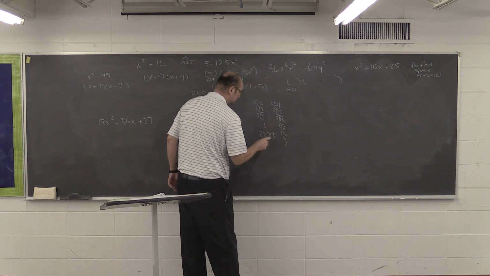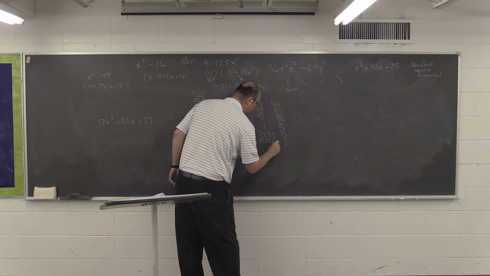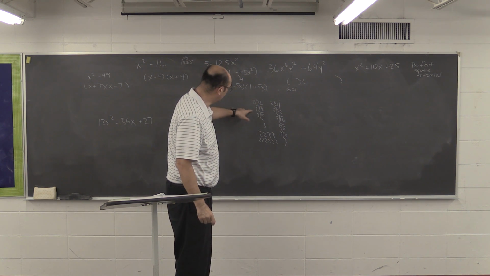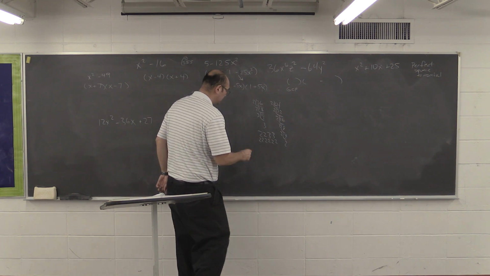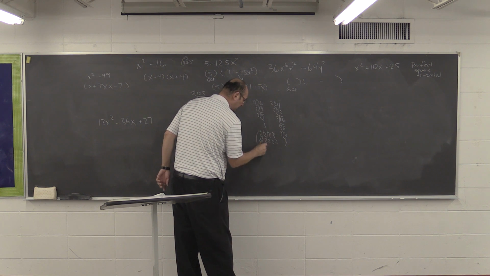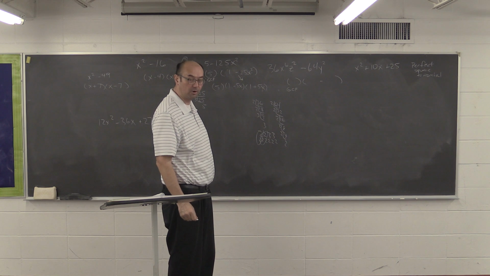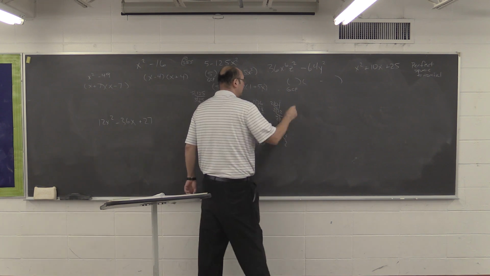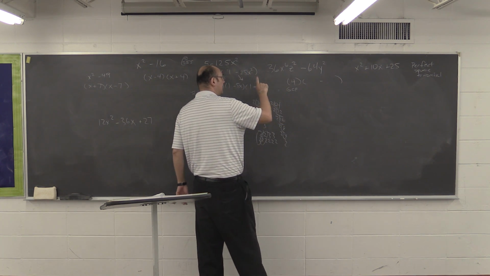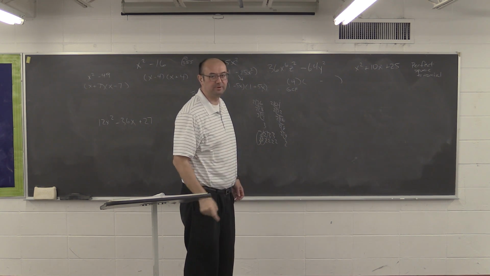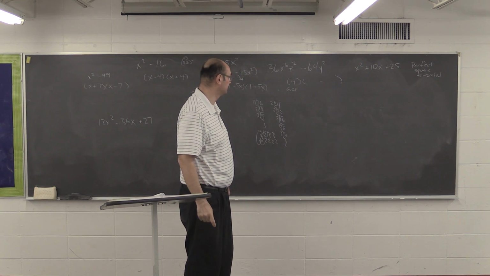So 1, 2, 3, 4, 5, 6. We have 6 2s for 64. And we have 2 2s and 2 3s. And so the only thing we can pull out right here is just 2 sets of 2, which become 4. 4 is our greatest common factor. There are no letters because x and y and z are not in each term and they're not common. So that can't be pulled out, okay?